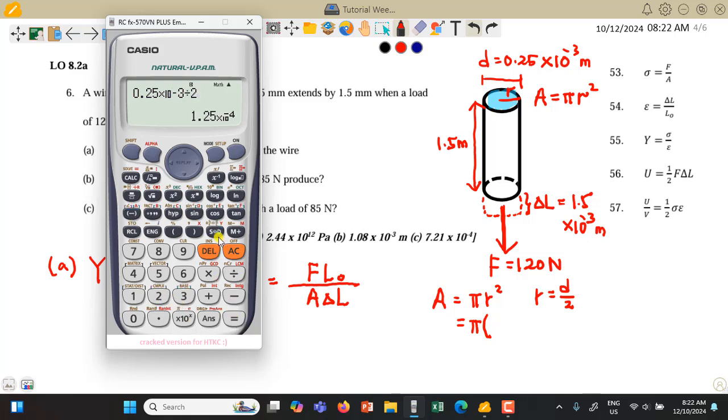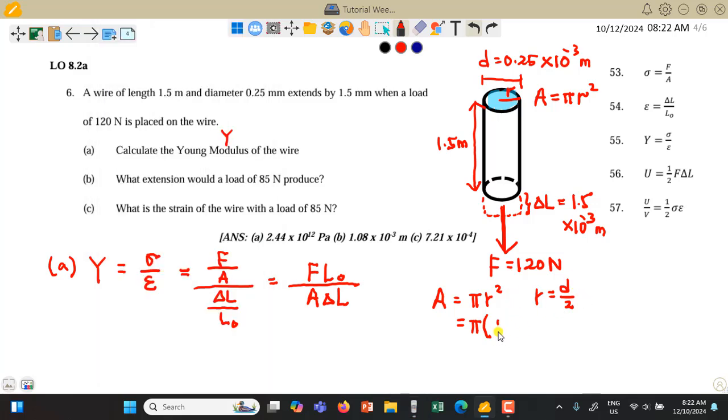I'm going to have 1.25 times 10 to the power of negative 4 for the radius of the wire. Then I do the calculations. You may pause the video to do the calculations for the cross-sectional area. The cross-sectional area of the wire will be 4.91 times 10 to the power of negative 8 meters squared.